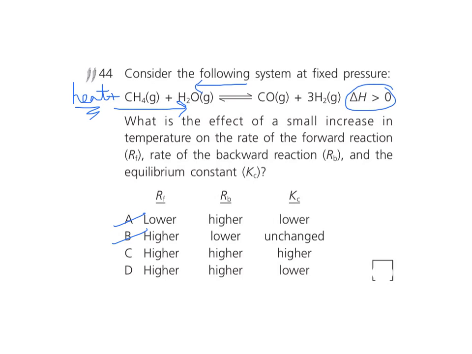Therefore, we're going to end up with more products. With more products, then Kc must be larger. So choice C is the best answer. Remember that temperature change is the one thing that can change the value of Kc. So because we shifted forwards by raising the temperature, we ended up with more product at equilibrium, therefore Kc is larger.